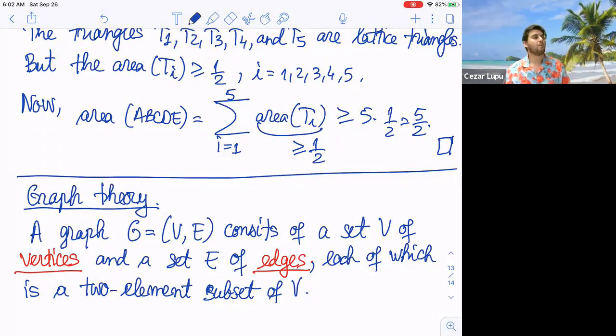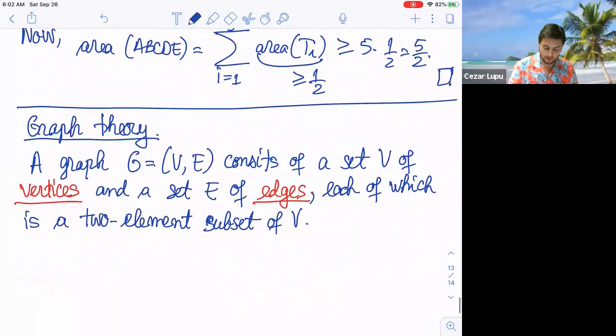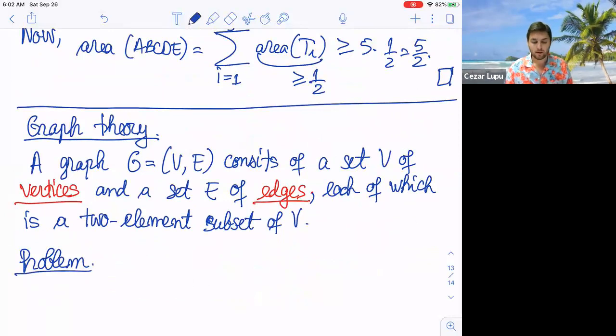The first problem, which is a very famous problem that I have in mind, is in fact the handshaking lemma.